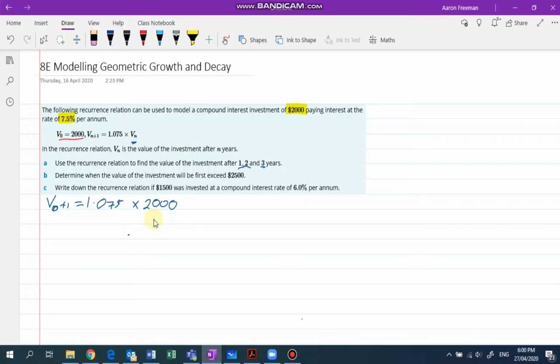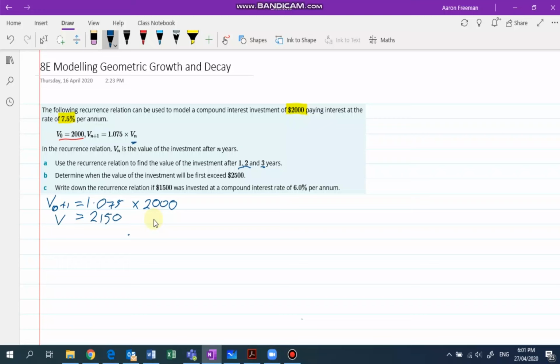We grab our calculator, 1.075 times 2,000, and we get a value of 2,150.